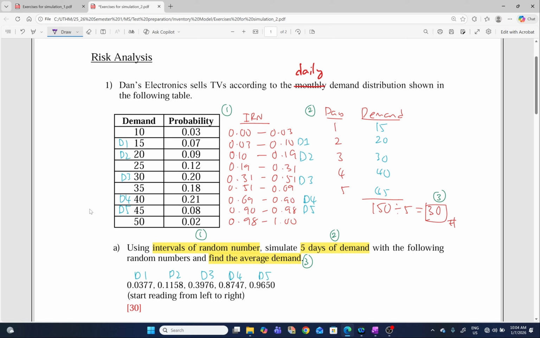Question B, all done. All right, question B.